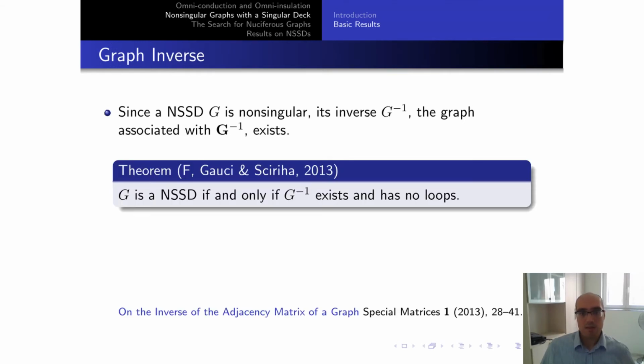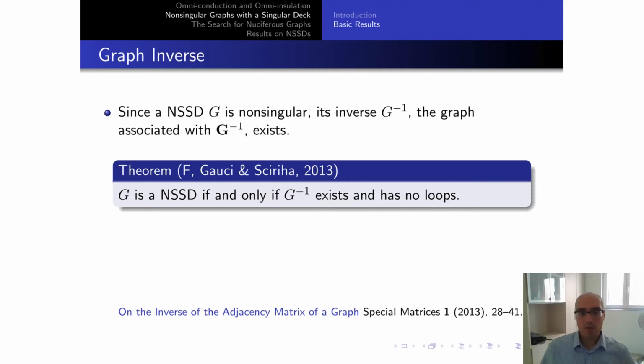And this means that when you have an NSSD, the inverse exists and also must have no loops, because we want zeros in all the diagonal entries of the inverse of the NSSD.